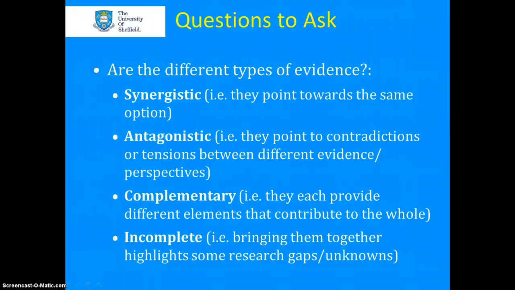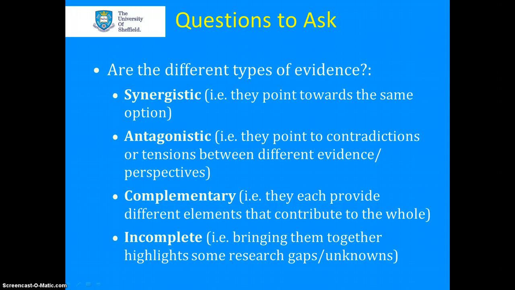And when you're bringing together the evidence from your different sources, in our case we would have one systematic review, one quantitative study, one qualitative study, but indeed there may be many of these studies, and indeed too they may be supplemented by local data. How do the different types of evidence mesh together? Now, in some cases, they will be synergistic.